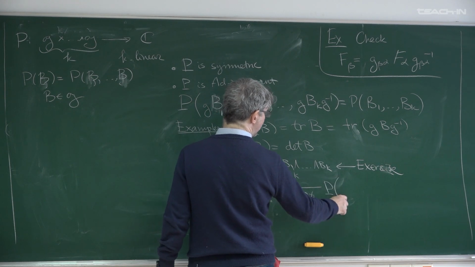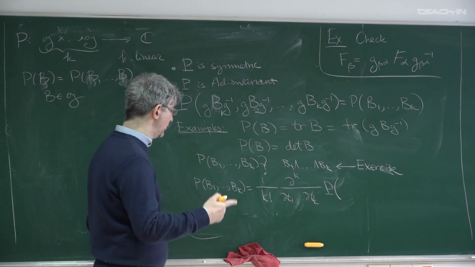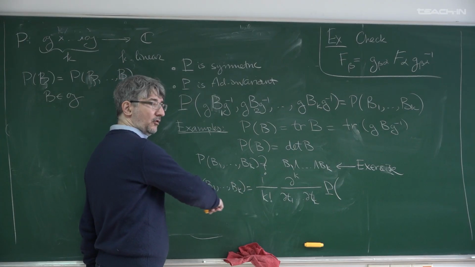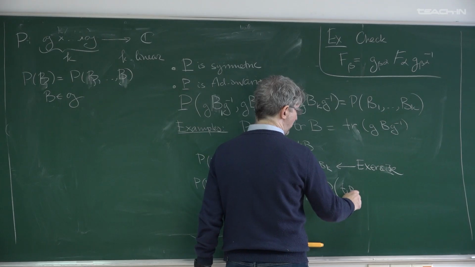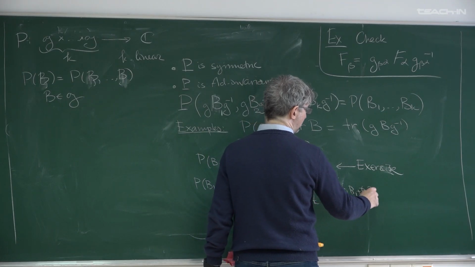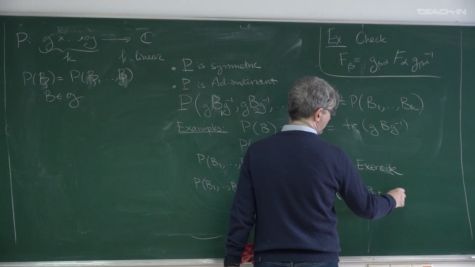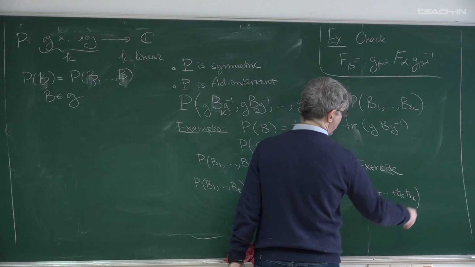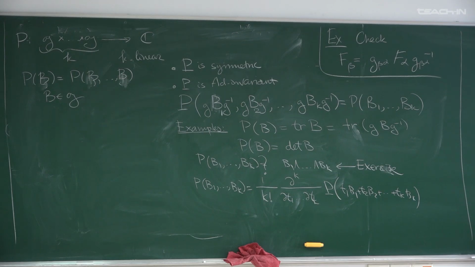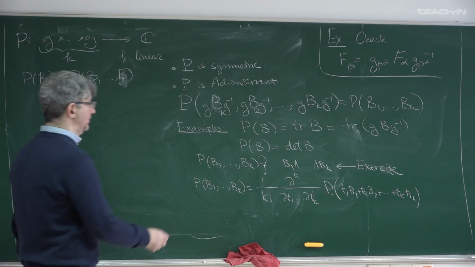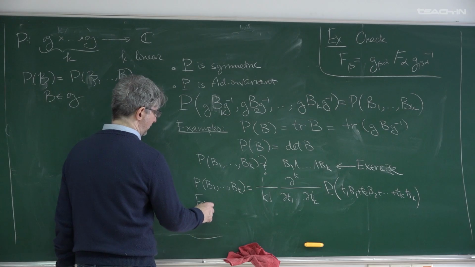You substitute here one single matrix which takes into account all these matrices. So you write t1 B1 plus t2 B2, and so on, plus tk Bk. That's all. This is a polarization identity, and maybe we can write it as another exercise.